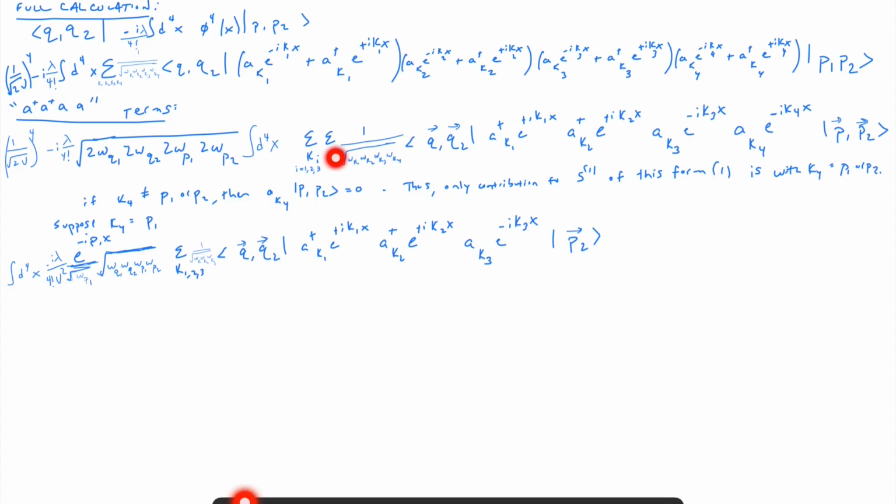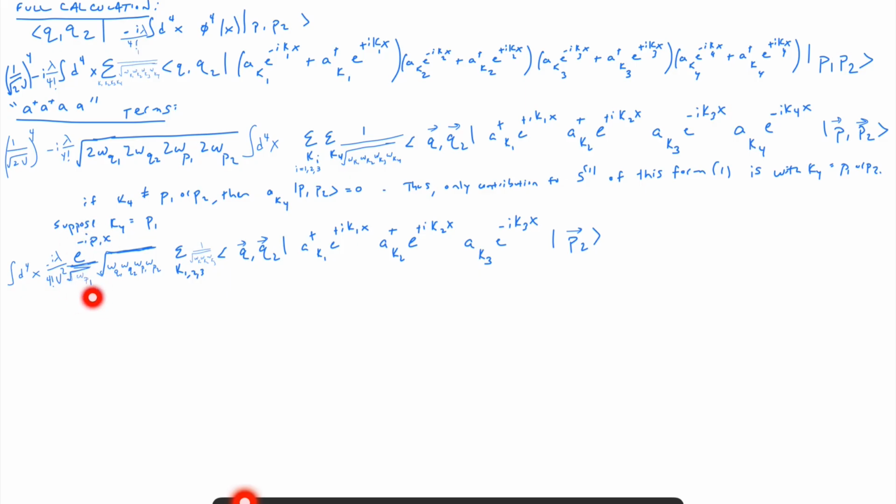Similarly, I also take this sum over all the possible energies, omega k4. That's part of this whole original sum, and again every part of this will die out except when k4 equals p1. So that's why I switched this factor here to omega p1, and I can pull that out of this whole sum because it is not a function of k.